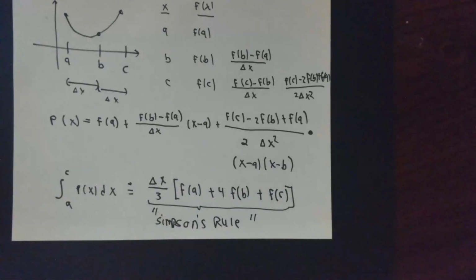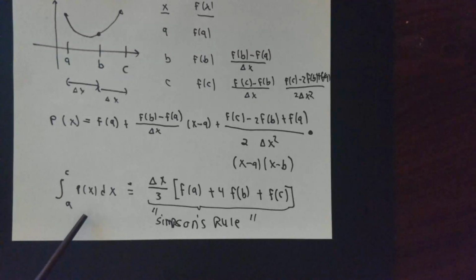Omitting all the details, after you do the tedious integrals, it turns out that the integral from a to c of f of x dx is going to be approximated by delta x over 3 times a sum.